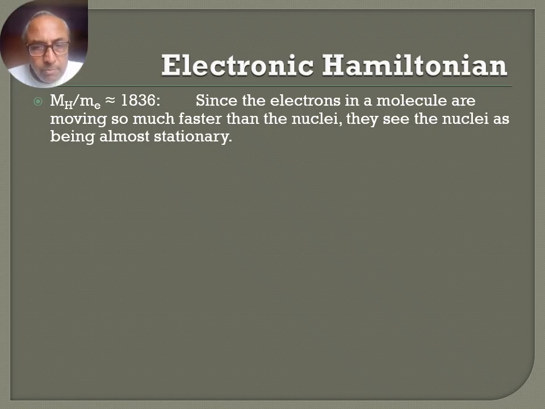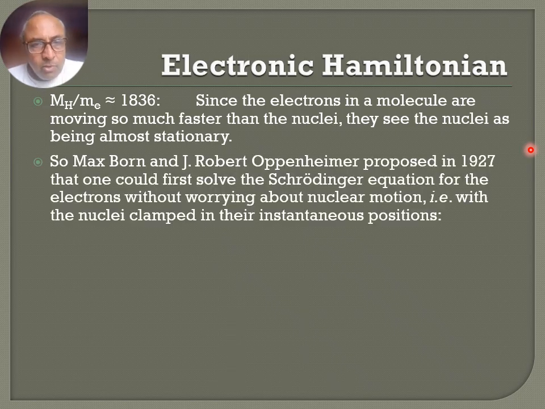So in the first step, we solve the equation of motion for the electrons. Since the electrons in a molecule are so much lighter than the nuclei, they are moving so much faster than the nuclei, and therefore they see the nuclei as being almost stationary. So Born and Oppenheimer proposed that we can solve the equation of motion for the electrons without worrying about the nuclear motion, that is, considering the nuclei as being almost clamped in their instantaneous positions.